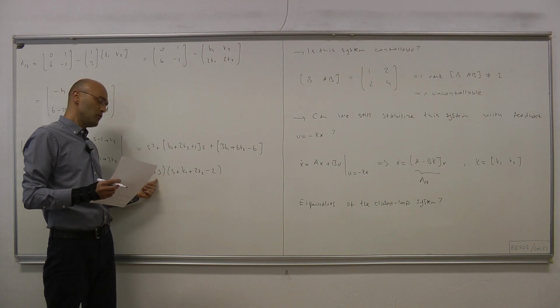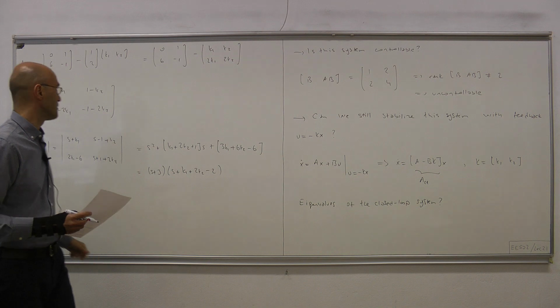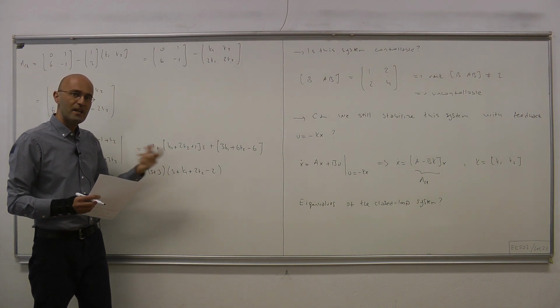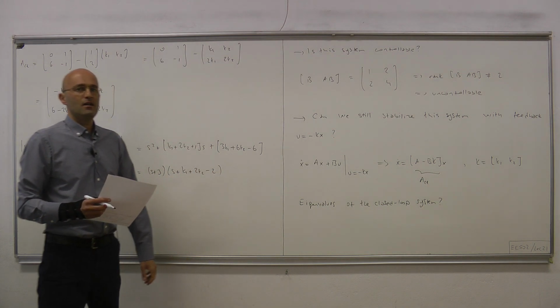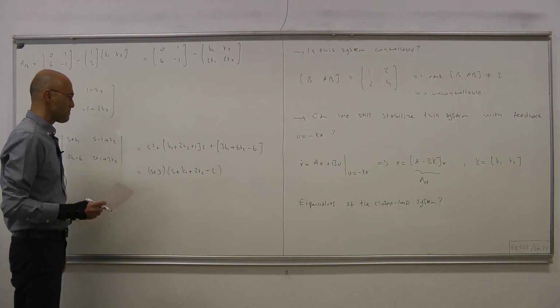Remember that this eigenvalue of minus 3 is an eigenvalue of the open loop system, of this A matrix. So you cannot move it anywhere by state feedback law, and that has to do with the fact that the system is uncontrollable.